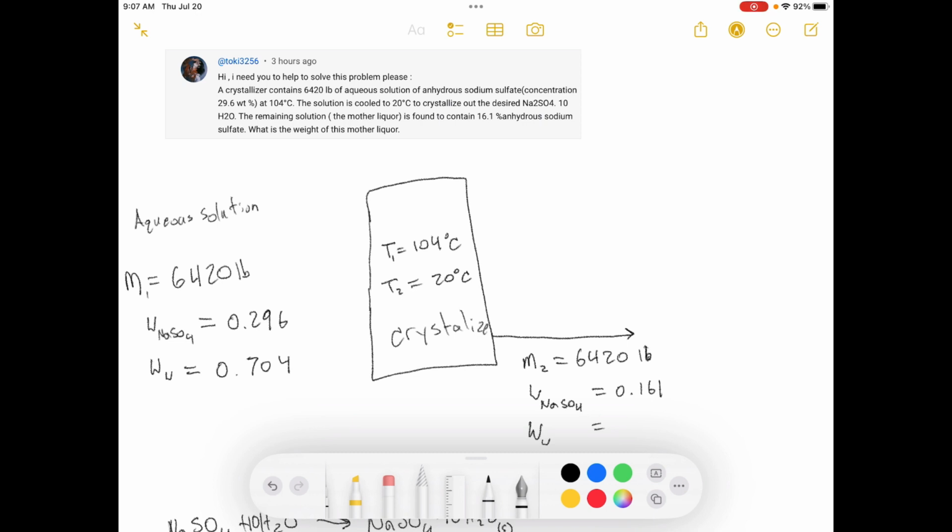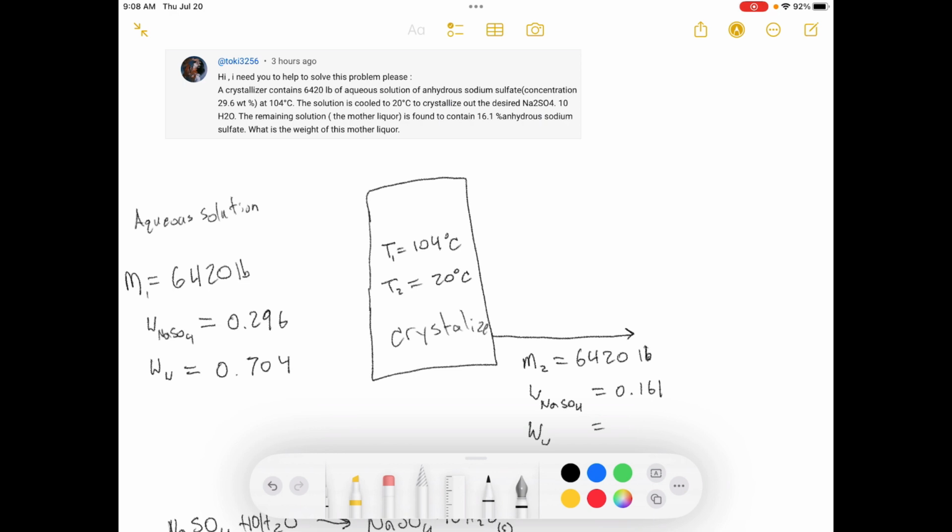Alright, today's problem is from a request from a viewer, Toki3256. He said, "Hi, I need help to solve this problem, please. A crystallizer contains 6,420 pounds of aqueous solution of anhydrous sodium sulfate, concentration 29.6 weight percent at 104 degrees Celsius.